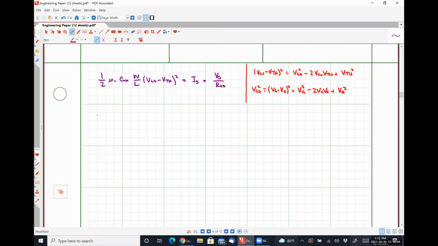I could say that (VGS minus VTH) quantity squared is going to be twice over mu n Cox W over L multiplied by this quantity IS plus VS over RCS.